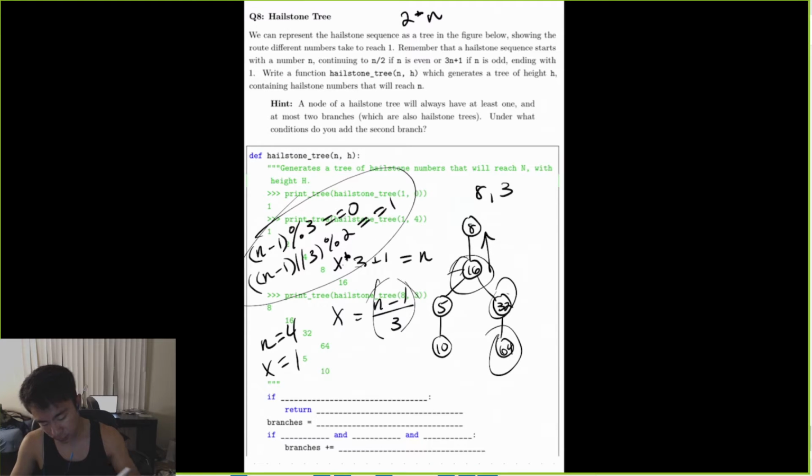Even though x is 1, we're not going to go to 4 because that's the end of our Hailstone sequence. So the number 1 can't go to any other number in the Hailstone sequence, and therefore it can't go to 4. So that's one other condition that we have to check, where, in particular, we have to check that n minus 1 mod 3 is greater than 1.